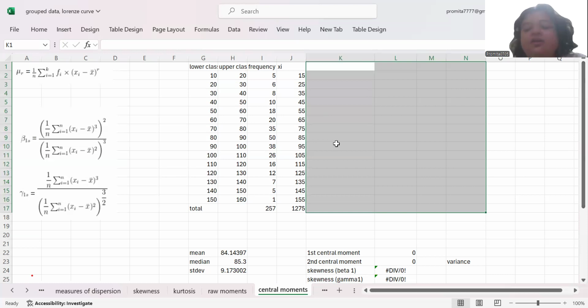And the second order central moment is nothing but the variance for us. So we will be calculating these values.